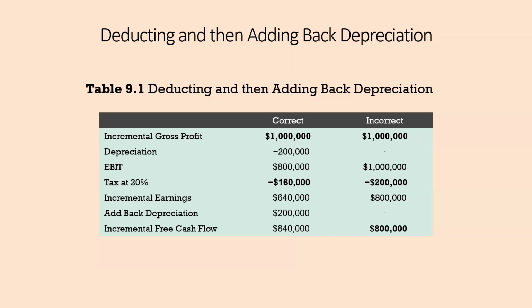It paid $160,000, the negative $160,000 you see here, in taxes, which is a negative cash flow. So 1 million minus 160,000 equals $840,000, which corresponds to the incremental free cash flow.